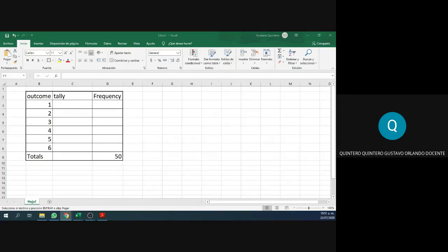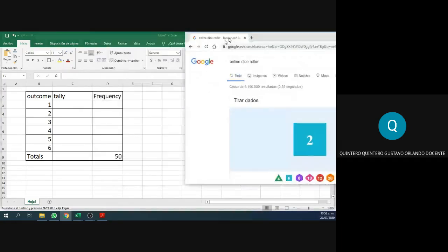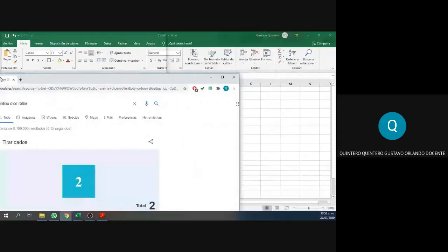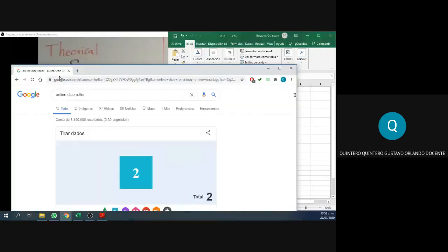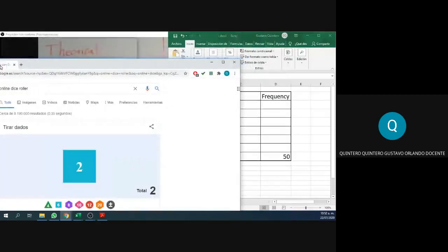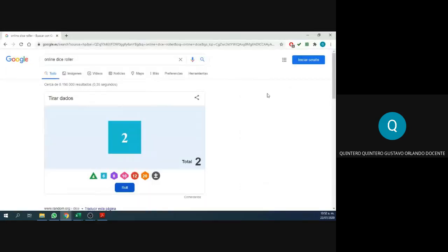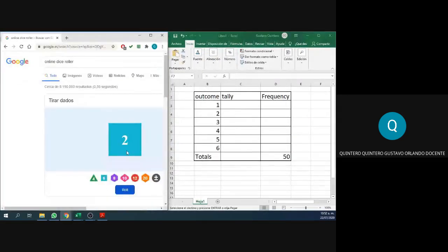Online dice roller. Look at what I found. Like this, half and half, right?